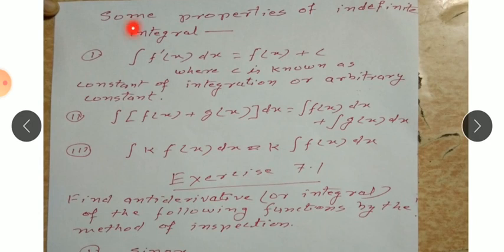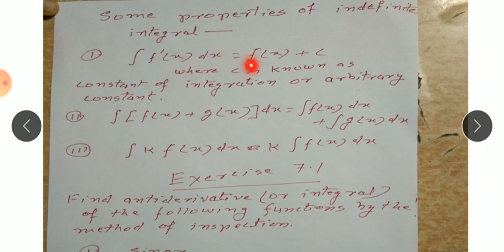Refer some properties of indefinite integral. These are the important properties which will be applicable while solving problems. See, the first property: integration of f dash x, that is, we are doing integration as well as differentiation.